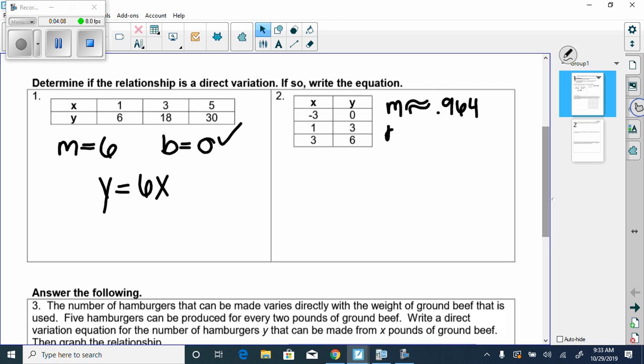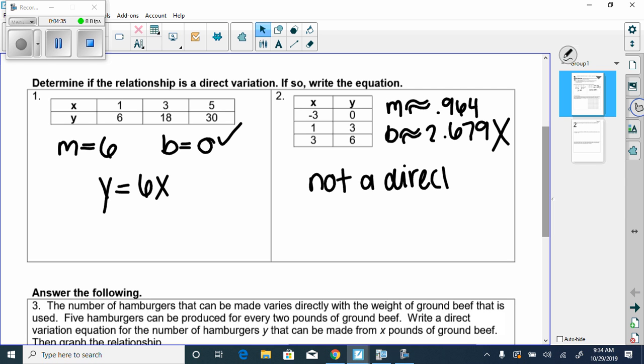And my B would be about 2.679, and along those lines. So, if my B is 2.679, did this go through the point 0, 0? No. So, is this a direct variation? No. This one is not a direct variation.